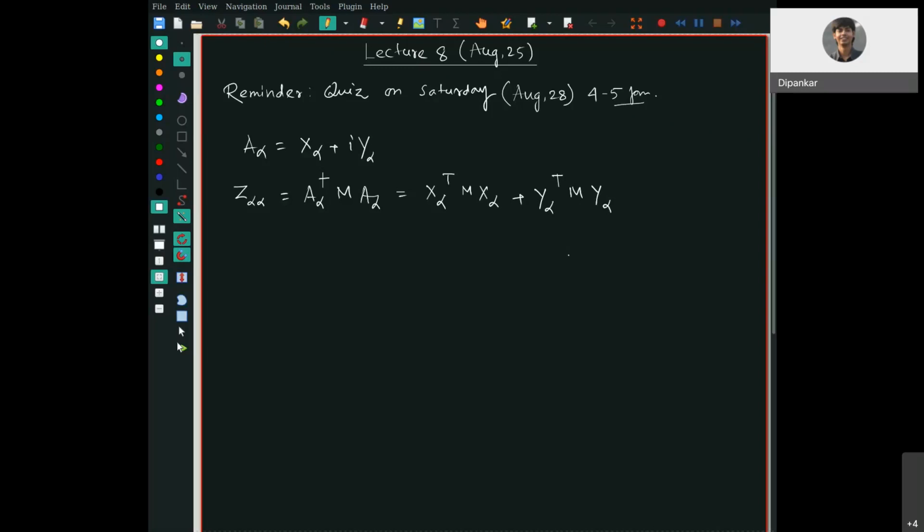So after the kinetic energy we have written, the first term is 2T dash, and the second term is 2T double dash.